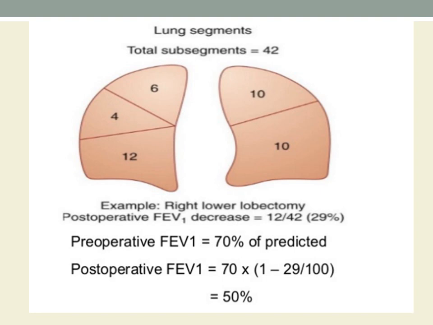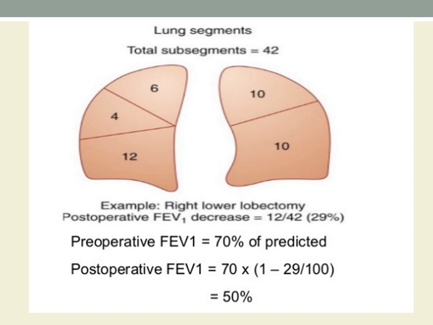It's important for the surgeon assessing segmentectomy, subsegmentectomy or lobectomy. If somebody is doing a left upper lobectomy, you leave 10 segments. If doing right, you leave 6 segments. So the concept of predicted post-operative values should be assessed accurately.